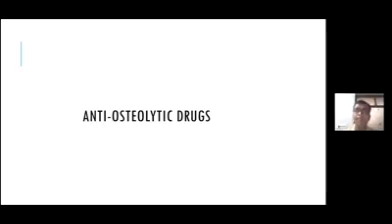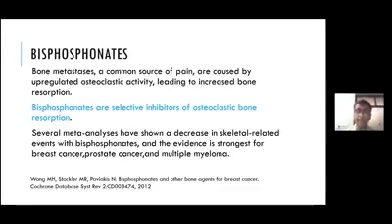Although there are metastases which are osteoblastic in nature, which cause compression of the nerves and other things, in those cases where osteoclast is the primary culprit or there is a possibility of osteolytic lesions, we use anti-osteolytic drugs, which include bisphosphonates, and second is denosumab. These two drugs basically decrease or inhibit the activity of osteoclasts.